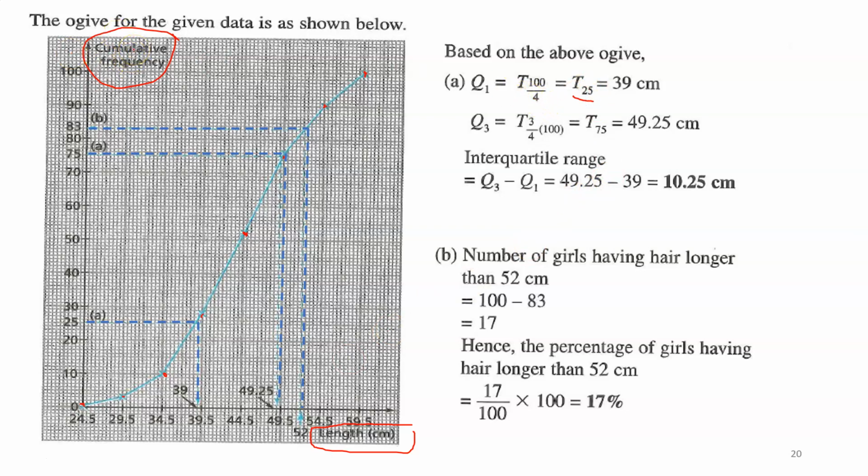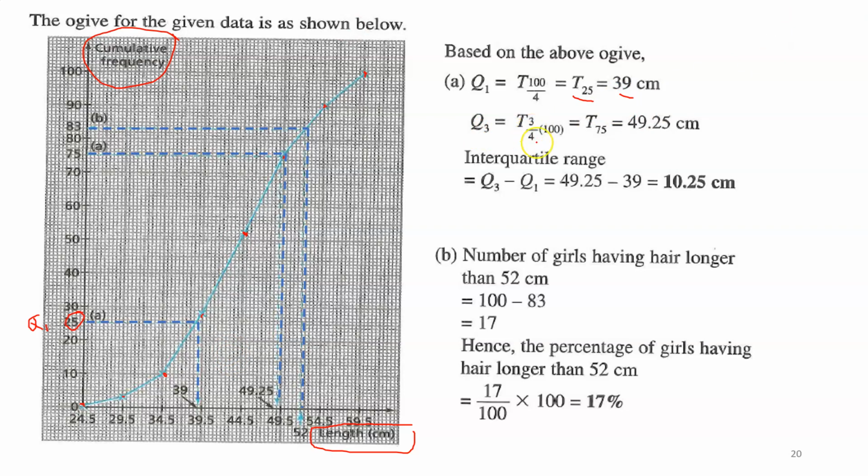You refer dekat cumulative frequency yang ke-25. Cari kat sini, 25. Kan? This one is Q1. So, you cari dekat sini, bawa turun ke sini, then you get the value dekat sini. So, the value will be 39 lah. Dia tidak sampai 39. Dia 39 sahaja.